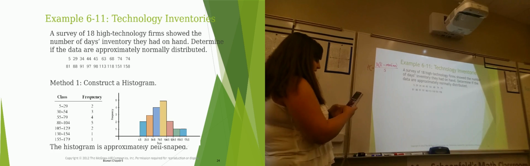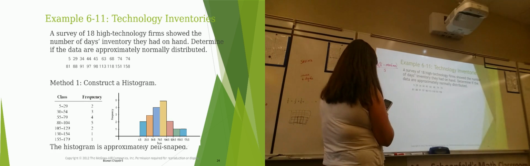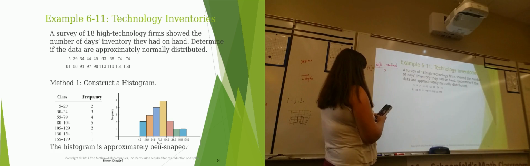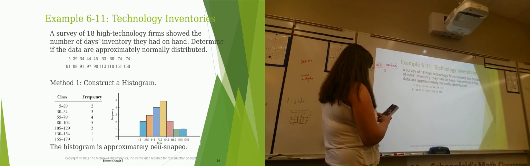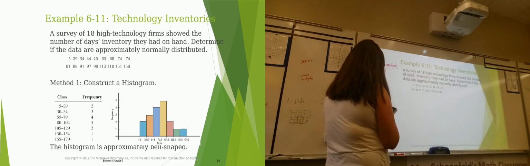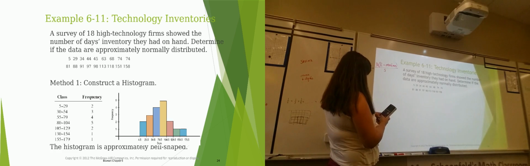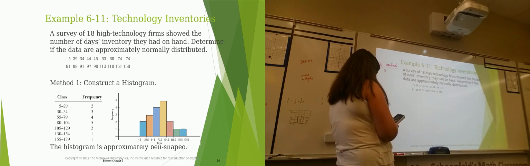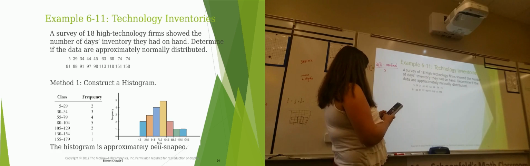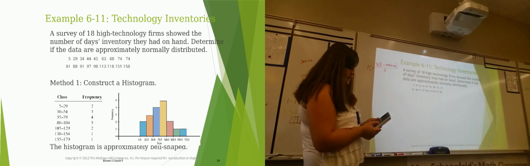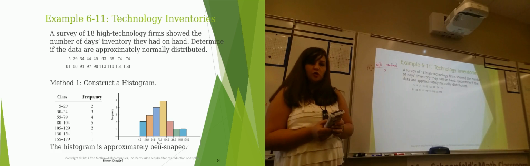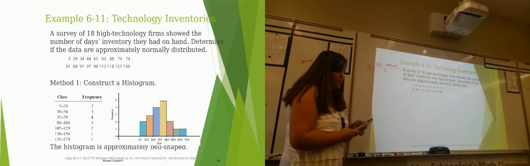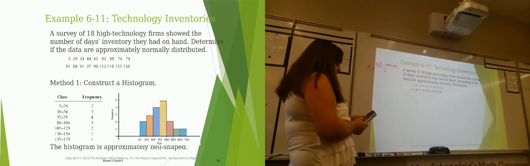I'm going to put that in L1: 5, 29, 34, 44, 45, 63, 68, 74, 74, 97, 98, 113, 118, 151, 158. Okay, get out of that, second quit, go into my stat, calc, one variable statistics.